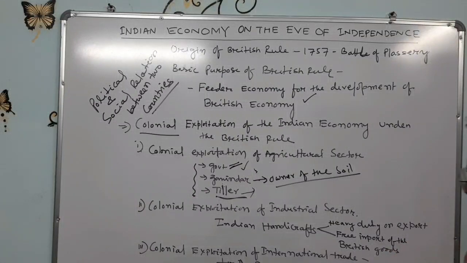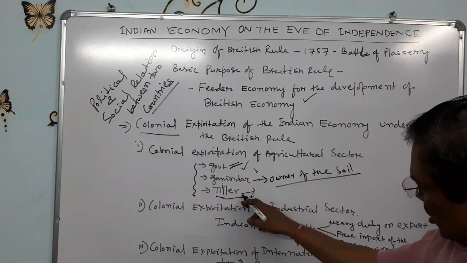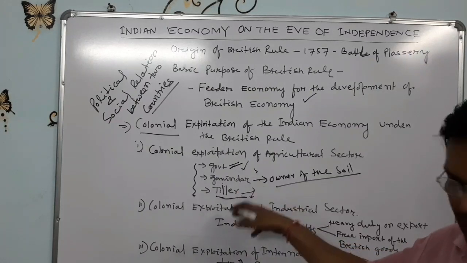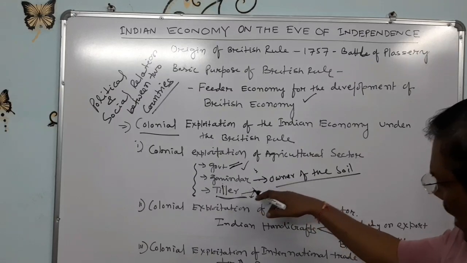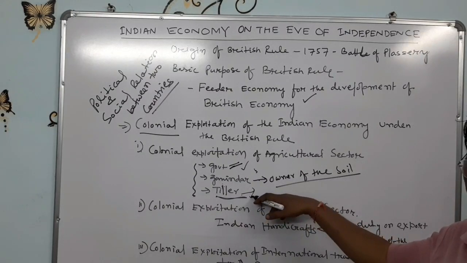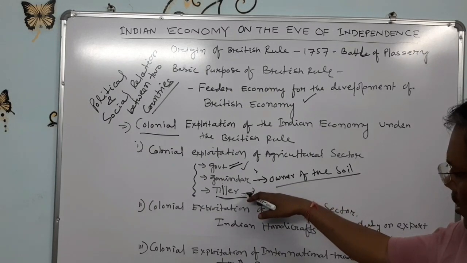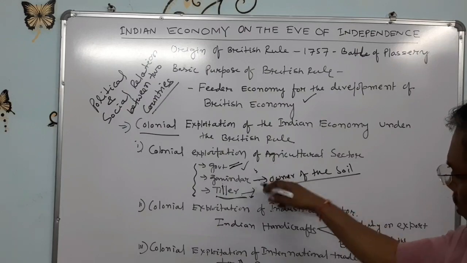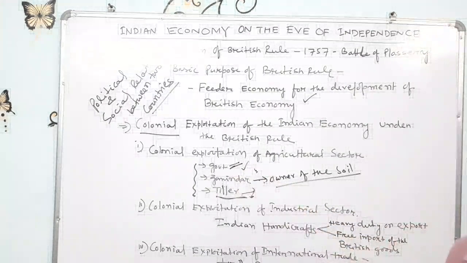What is their output from their own lands? The land is not owned by these tillers. So the zamindar exploited the tillers for revenue, collecting the maximum revenue from them, and paid only a small part of it to the British government.